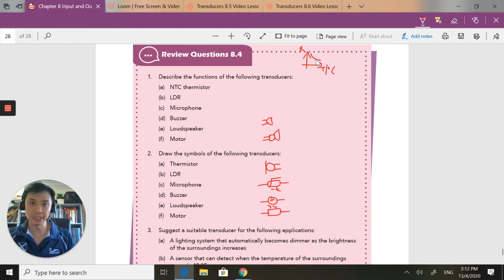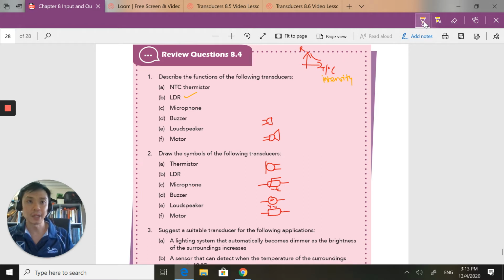So you have to learn how to describe that. An LDR has very similar characteristics to an NTC, but instead of temperature, what we are talking about here is light intensity. So you also have to describe it: the brighter the light intensity, the lower the resistance of the LDR.